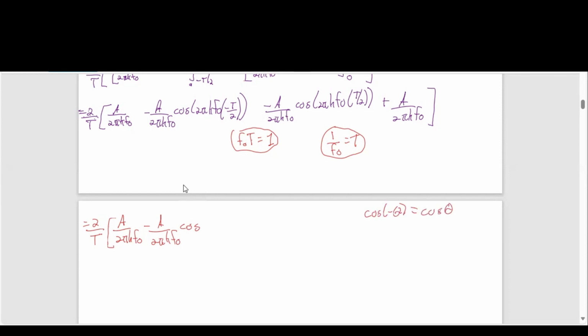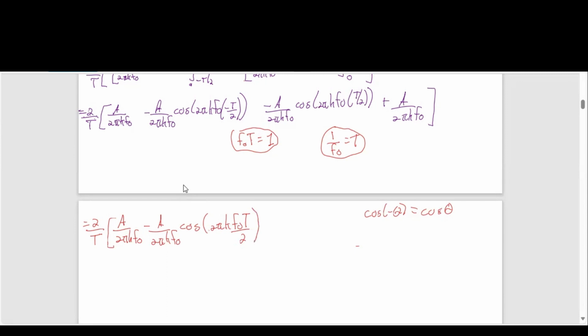You could bring out the minus and it wouldn't change anything outside. Why? Because cos is an even function. F of minus x is equal to f of x, cos is even. So you could fling out the minus and it wouldn't change anything. So I could basically just remove the minus. So it'd be 2 pi k f naught t on 2.